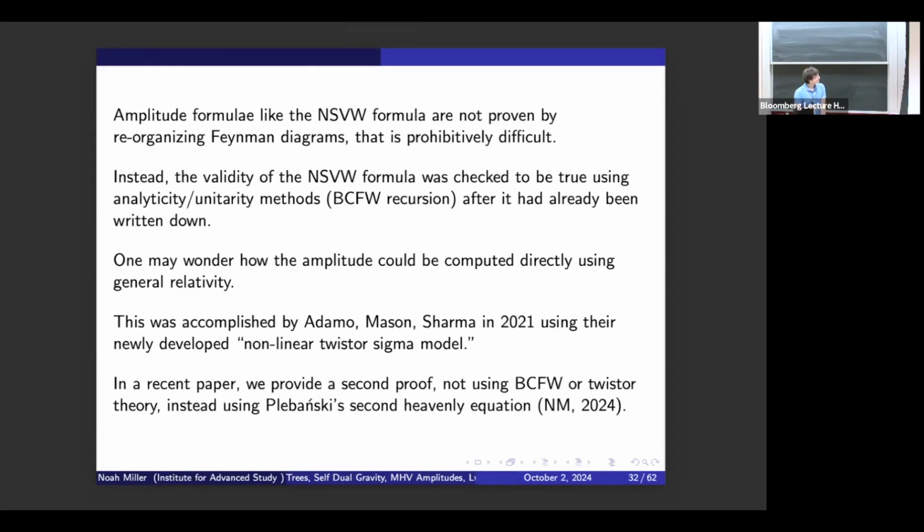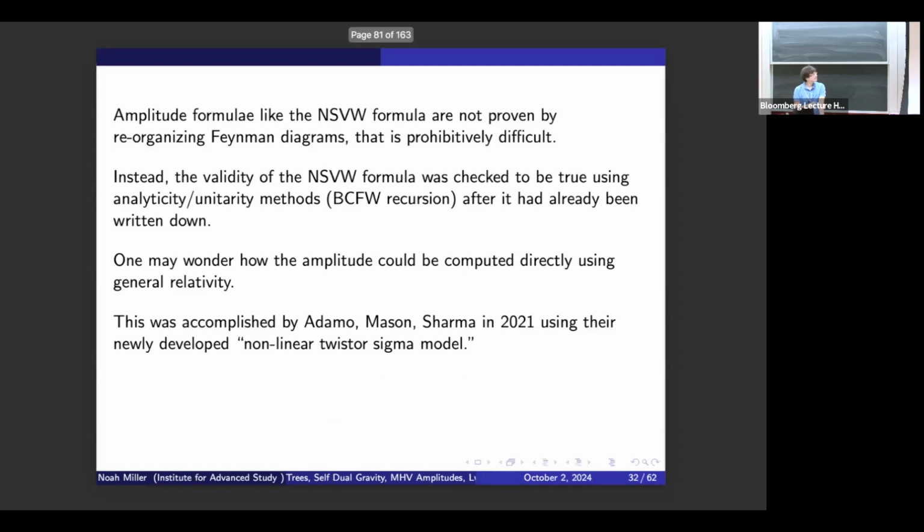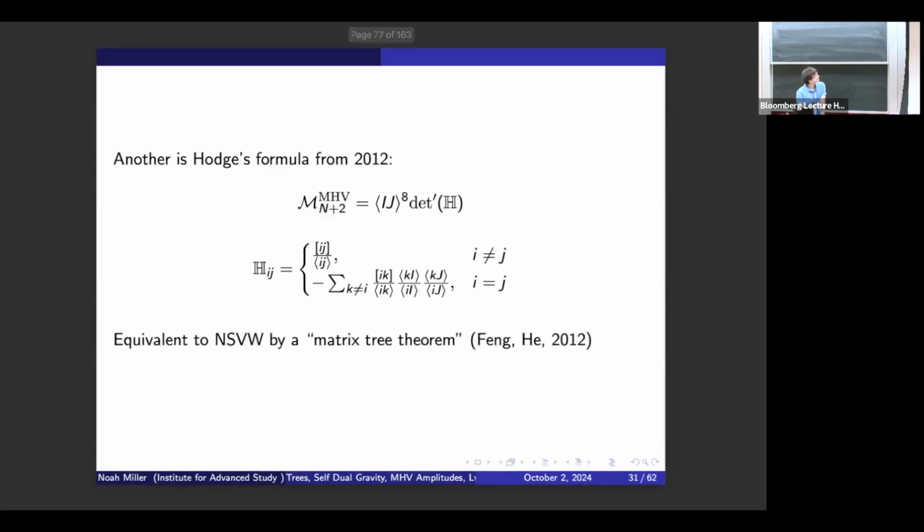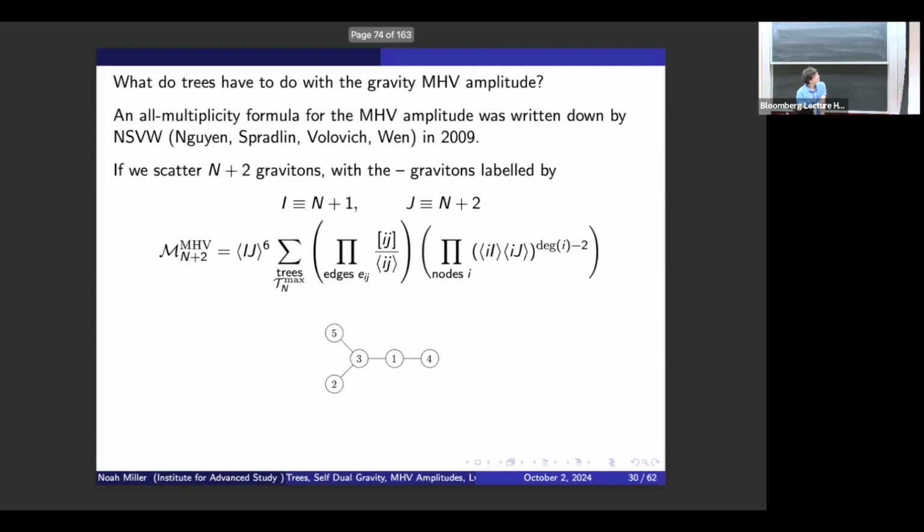So here we present a second proof, not using BCFW recursion or twistor theory, but instead just using Plebanski's second heavenly equation. So yeah, with the Berends-Giele thing, I don't think there's, well, there isn't a known way to get this particular version of the amplitude using Berends-Giele.